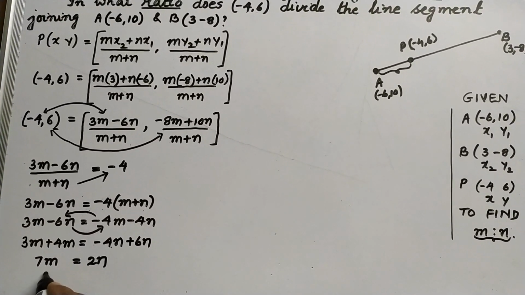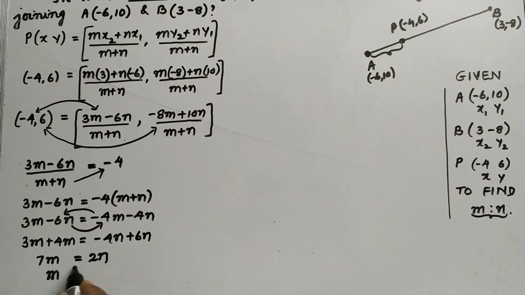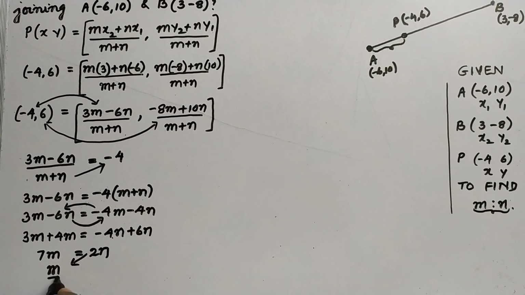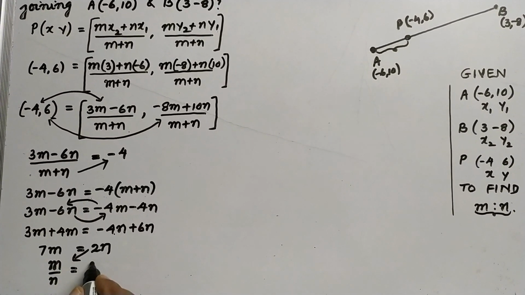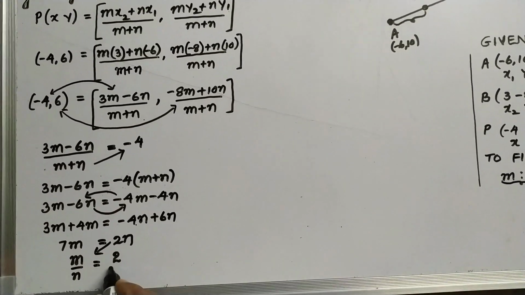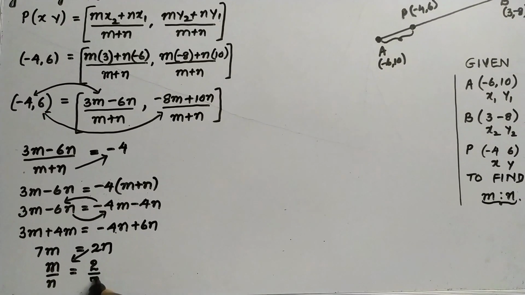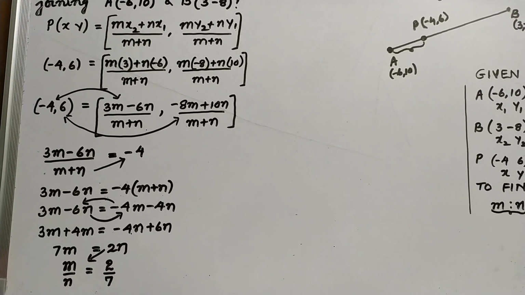I will retain m as it is here and transfer this n to the other side. It comes to the denominator. The 2 is retained on the right hand side, and 7 is transferred to the denominator. So m by n is equal to 2 by 7.